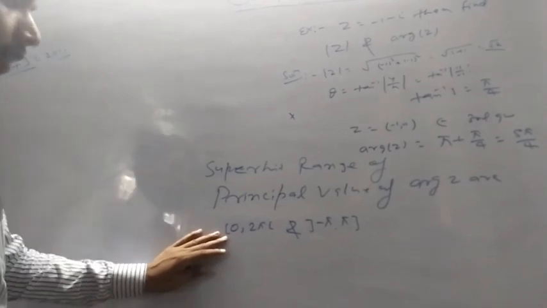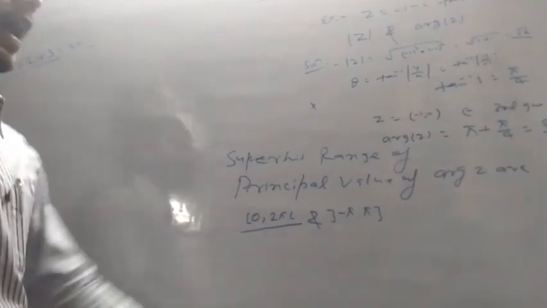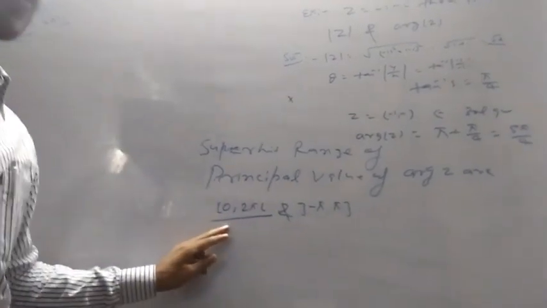Generally, by default, we find the principal value of the argument of z in 0 to 2 pi.